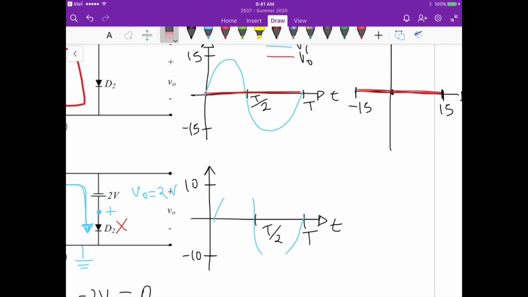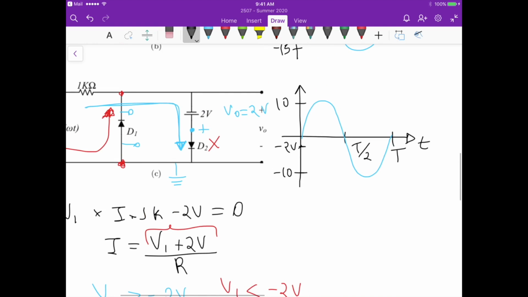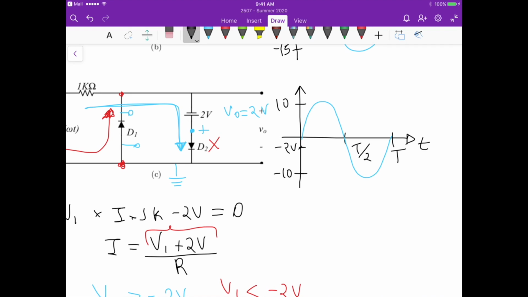So let me just erase this one here and start right here. There's another point of interest that is exactly minus 2 volts, right? So if the input voltage, remember, is greater than minus 2, right? Then the output voltage is always 2 volts, okay? So there's another trace we need here, 2 volts.